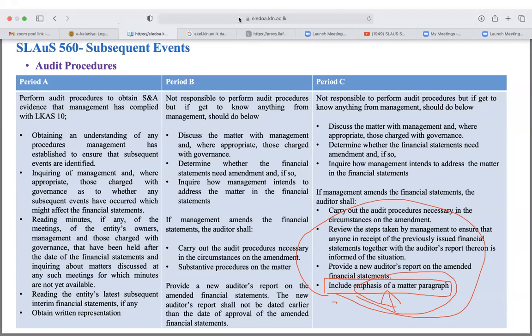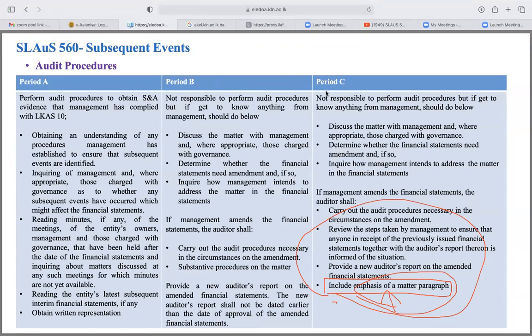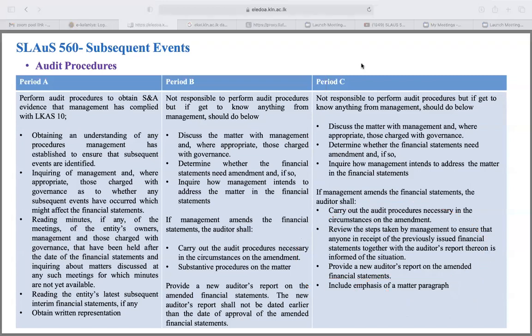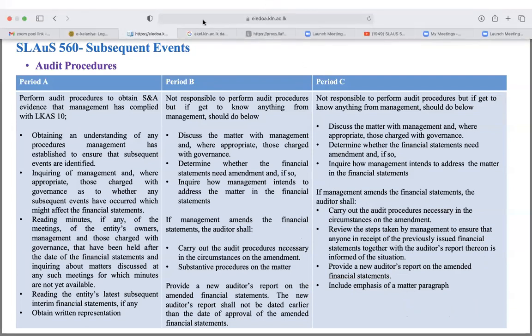Is it clear? Okay. Any concerns regarding subsequent events? Any concerns? What questions are there? All clear? Is it clear?